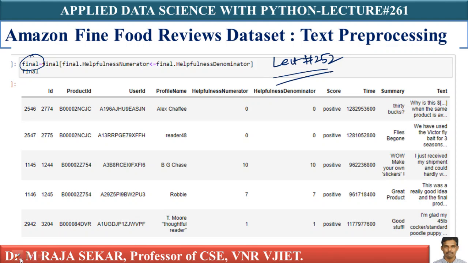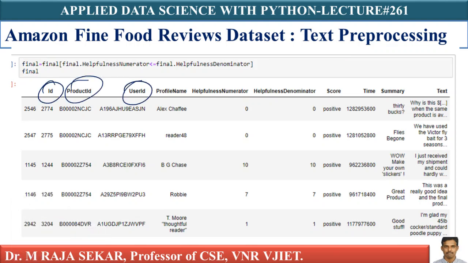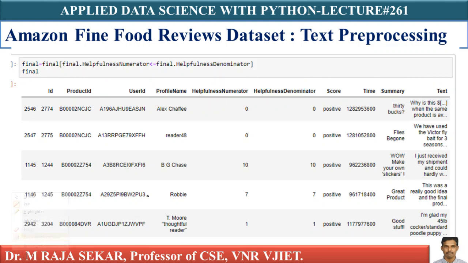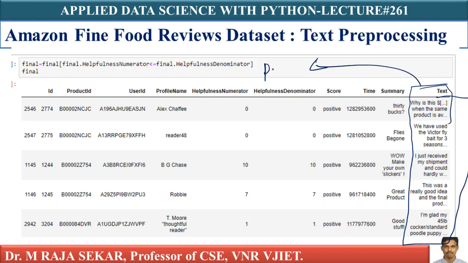In this table, we have columns: ID, product ID, user ID, profile name, helpfulness numerator, helpfulness denominator, score, time, summary, text. In this lecture, we will concentrate on the text column. We will apply different pre-processing techniques on it.